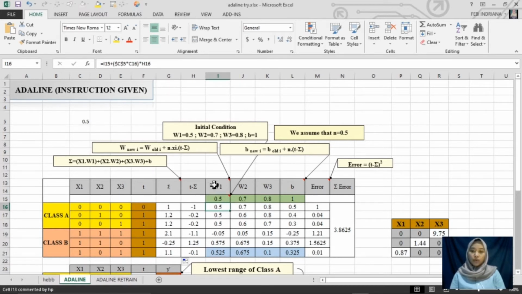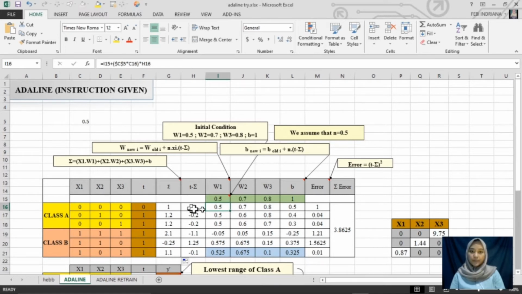To know the weight 1, or W1, we can use this formula: W old plus n, the learning rate equal to 0.5, times x1 times the t minus sum in each column.